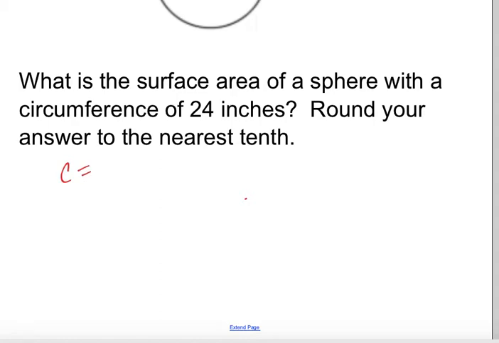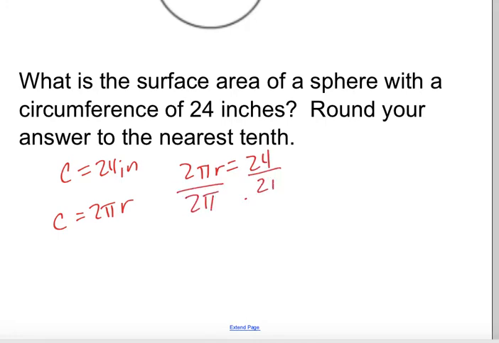So the circumference is 24 inches. And we know that the formula for circumference is 2 pi r. We're going to say that 2 pi r equals 24, and we're going to divide by 2 pi to find the radius. Now, when you divide by 2 pi, you must put the 2 pi in parentheses.